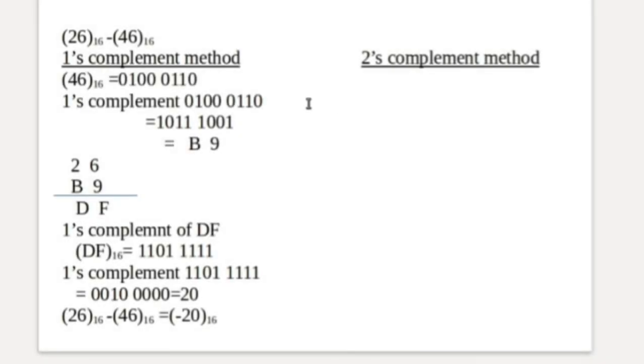Okay, next we perform the same subtraction operation in 2's complement method. So we have to find the 2's complement of the subtrahend. 2's complement of subtrahend is equal to 1's complement plus 1. So 2's complement of 0100 0110 is equal to 1's complement plus 1.